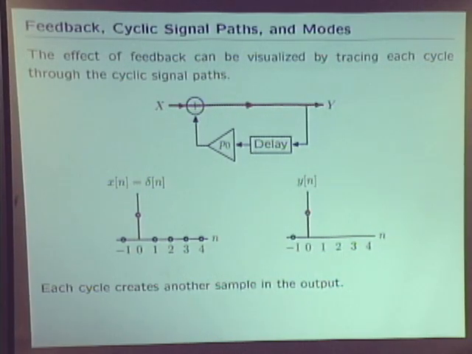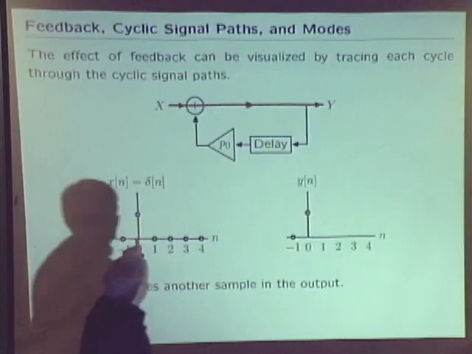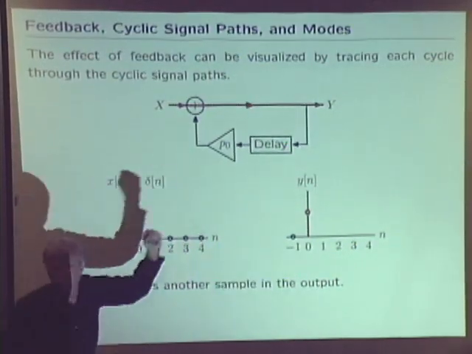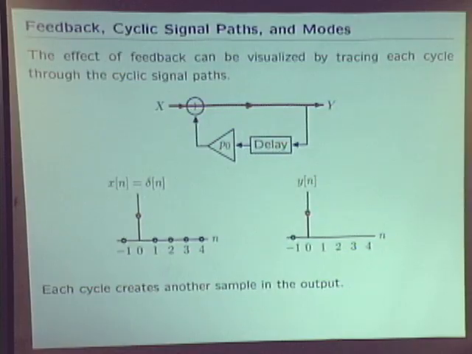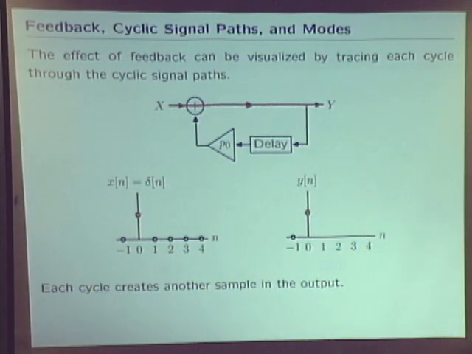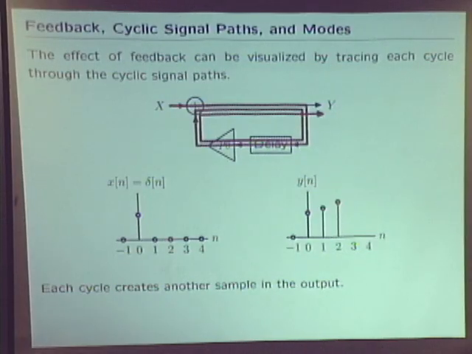The only way you can get from the input at time 0 to the output at time 0 is through the straightforward path, the one highlighted in red. The only way you can get from the input at time 0 to the output at time 1 is to make the circle exactly once. If you make the circle exactly once, then instead of being height 1, it's height p naught, because you had to go through the p naught once. If you go around a third time, it's p naught squared, p naught to the fourth, etc.